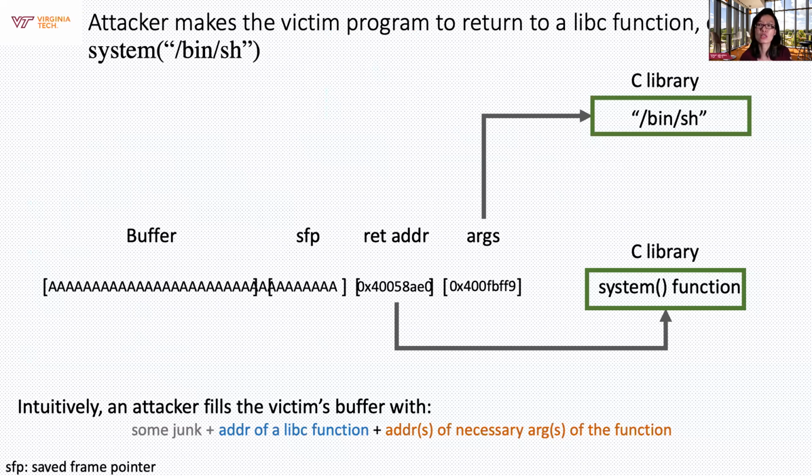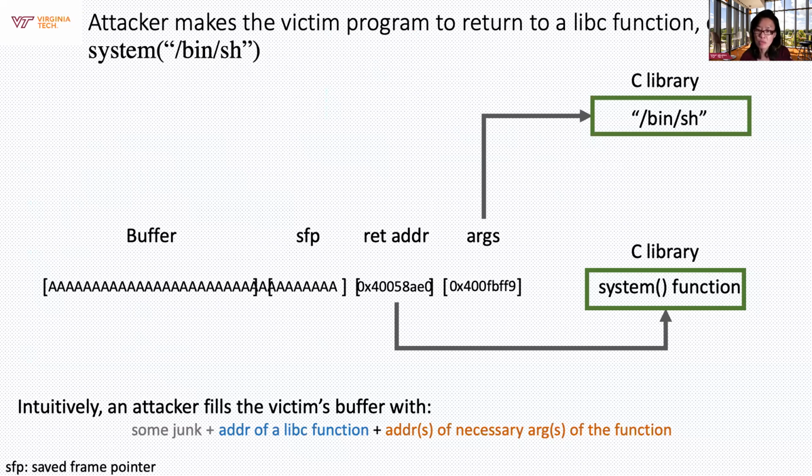For example, in this case, we want to just open the shell, and this is a libc function that allows you to do it. So how can we pass in the argument, right? All function calls need an argument. Essentially the attacker will do whatever it takes to complete this function call, and part of it is to prepare the arguments.